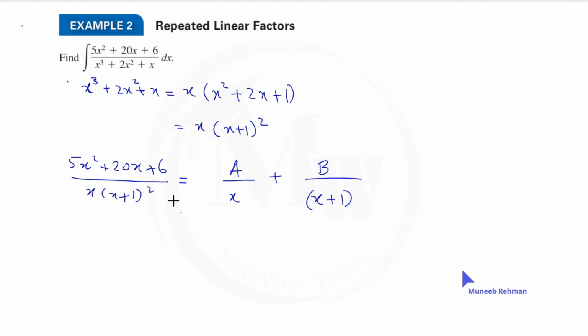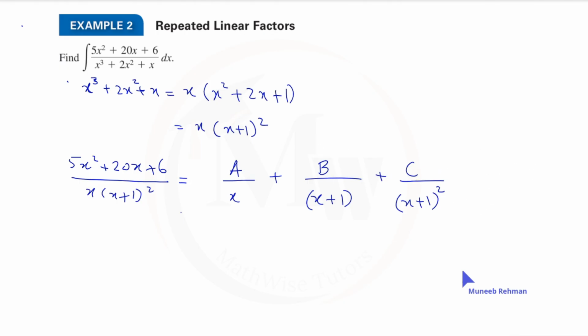If you have the whole power, we start with the 1 power and keep increasing with the constant. First constant with the 1 power and another constant with the 2 power, and as it only has 2 powers, we stop here. If it has 3 powers, we make another term. Here are 3 fractions of this. It's time to find a, b and c.